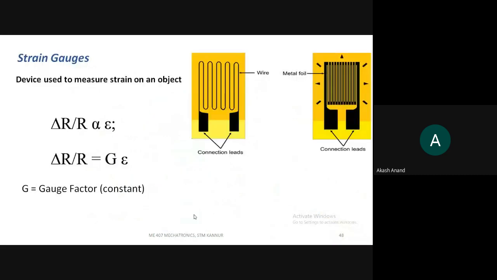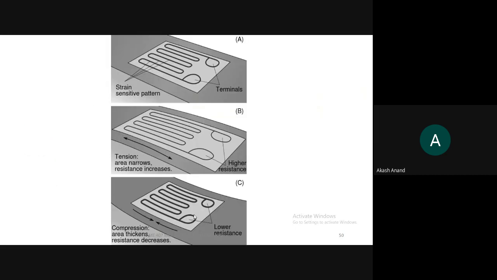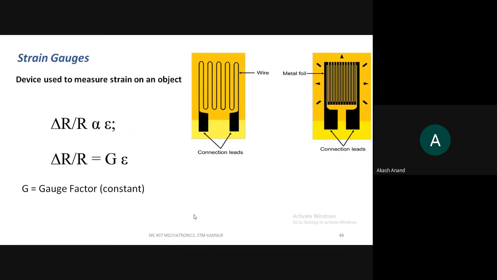Okay, so moving on to the next displacement sensor, it is called strain gauge. Actually, in real life, it will look like this. Okay, it is nothing but a very small device. It is used for measuring pressure, force, and strain parameters.